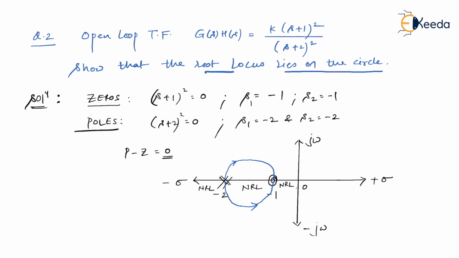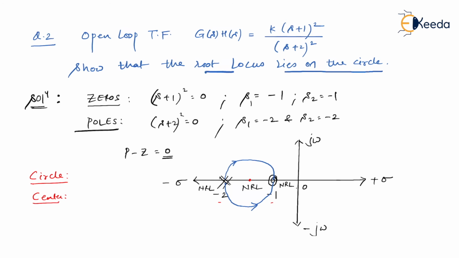Let us try to figure out, if this is a circle, what the radius and the center are. For the circle, I would like to know two things, the center and the radius.